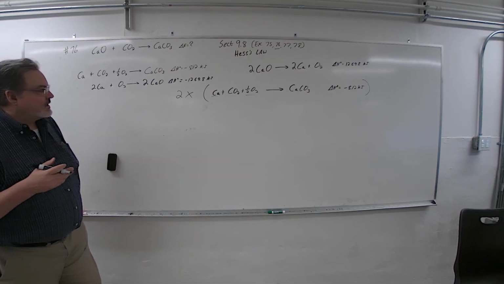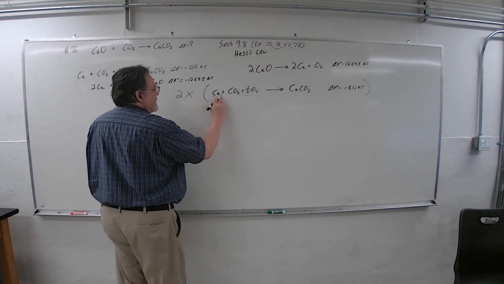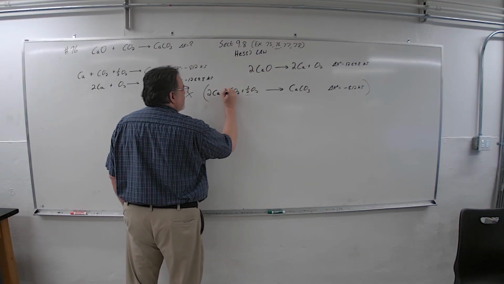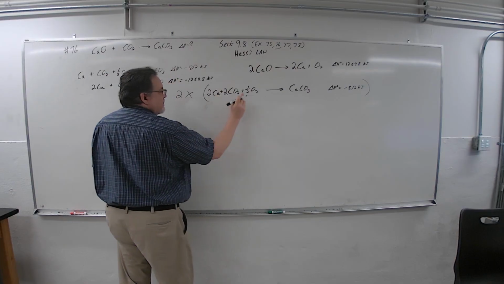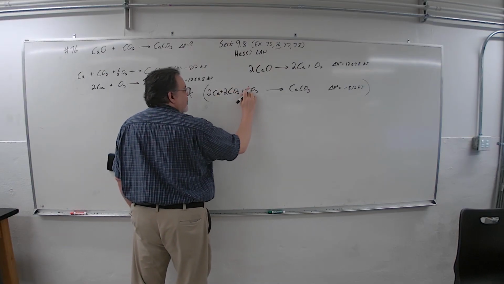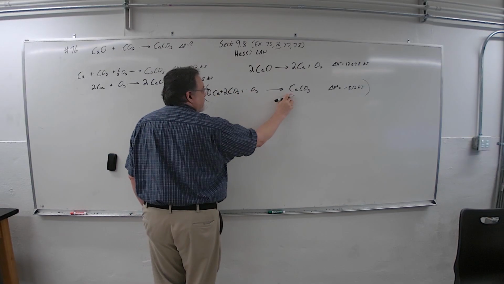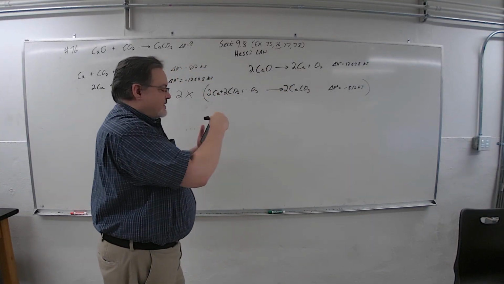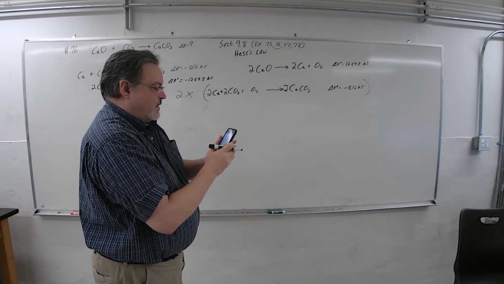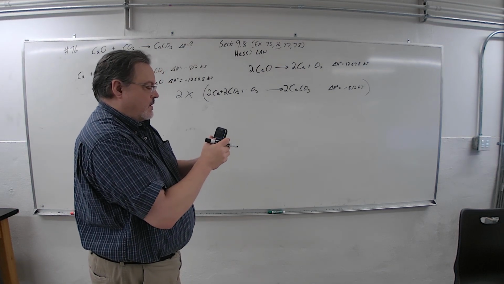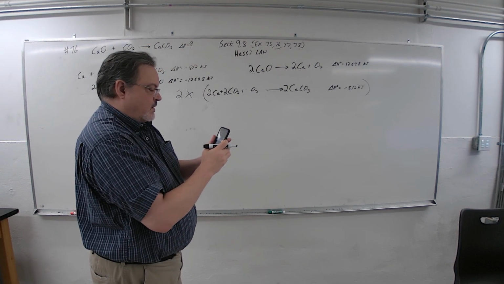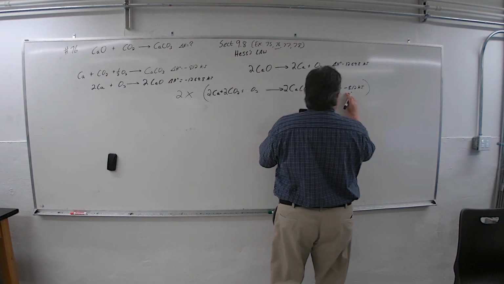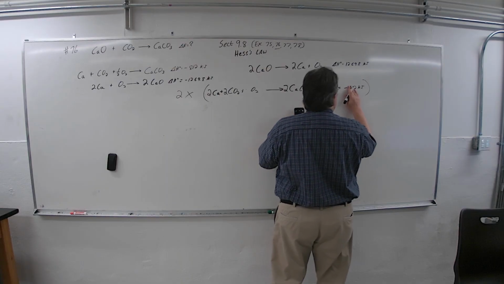So watch what it does to this. If I multiply that by 2, I'll have 2 Ca. If I multiply that by 2, I'll have 2 CO2. Multiply that by 2, I'm going to have 1 O2. If I multiply that by 2, there's a 2 there. And then negative 812 times 2 is negative 1624.